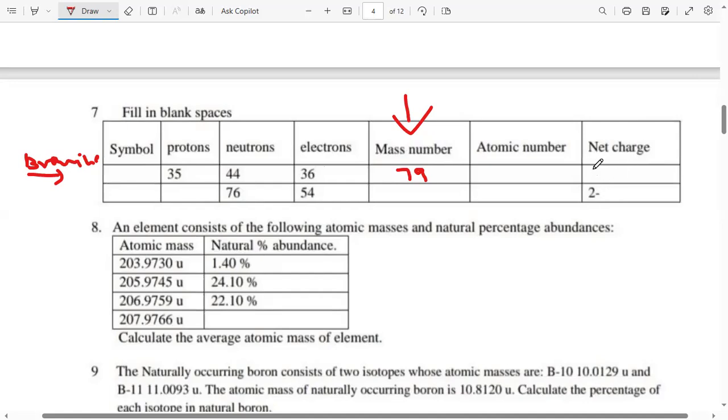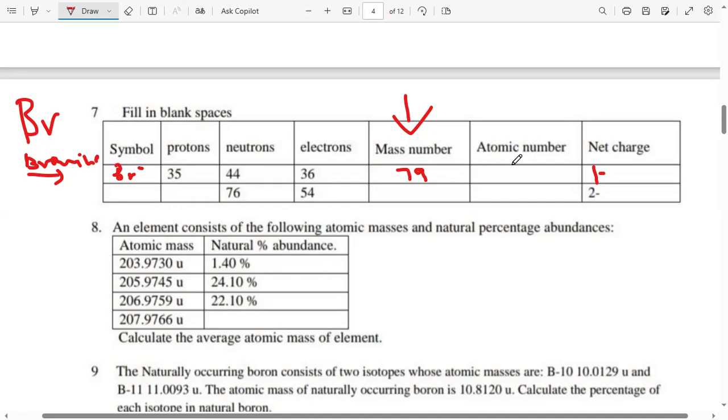You can say the net charge there will be 1 minus. Since it has 1 minus, the way you write the symbol is: bromine is written as Br, and because it has this charge, the symbol is going to be Br with a minus charge like that. So this will be the symbol.